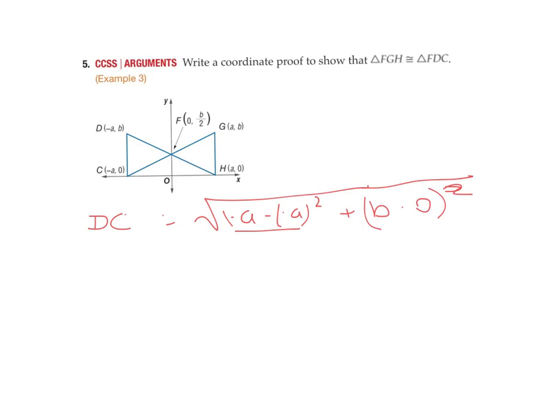These two will cancel out. And what have you got? B minus 0 squared. So you're going to finish up with b squared, and the square root of b squared will purely and simply give you b. Do the same for GH, and then you've got to do the same for the rest: DF and GF, CF and HF. And if you've got the same answers, you've proved that they are congruent by the SSS theorem.